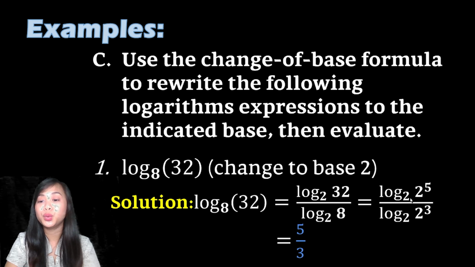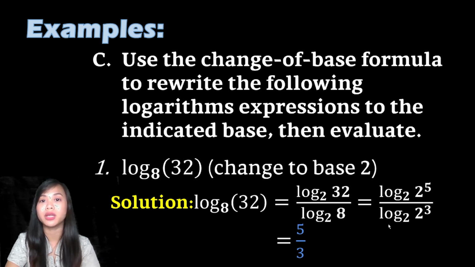Then log base 2 of 32 is the same as log base 2 of 2 raised to 5. So 2 raised to 5 is equal to 32. And log base 2 of 8 is equal to log base 2 of 2 raised to 3. So we have the same bases, and same bases in your power. So that would mean we have 5. When we bring down this 5, then 5 times 1, that is equal to 5, divided by log base 2 of 2 to the 3.